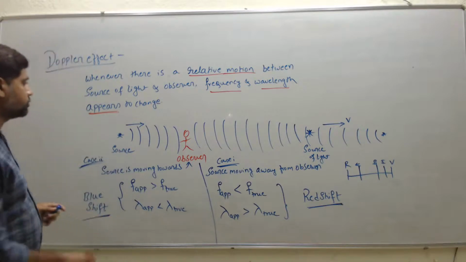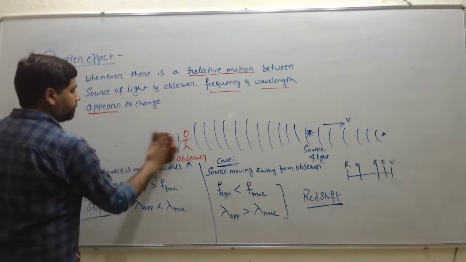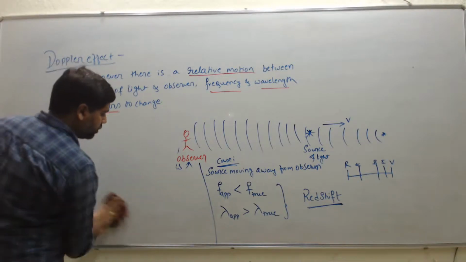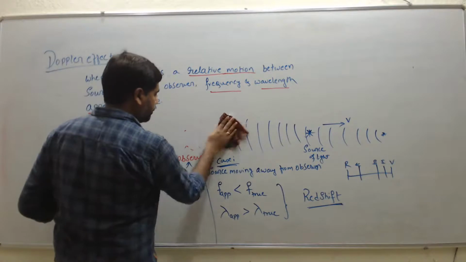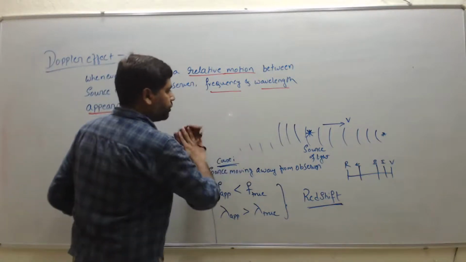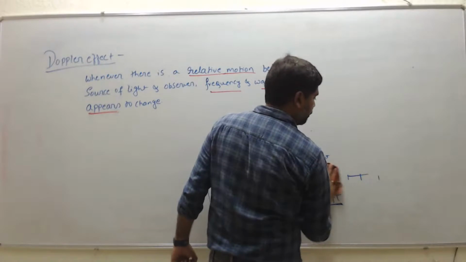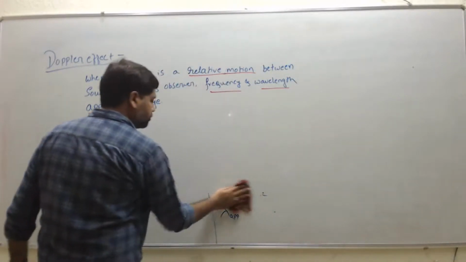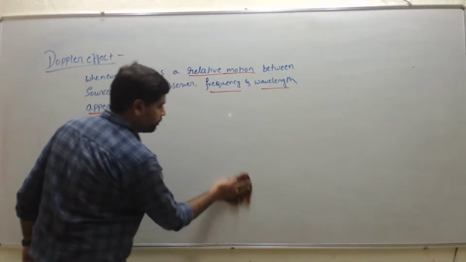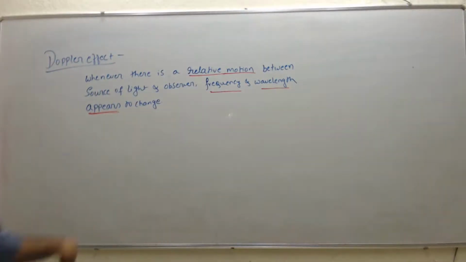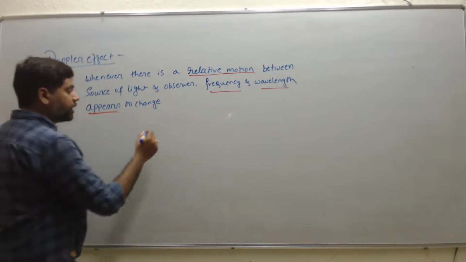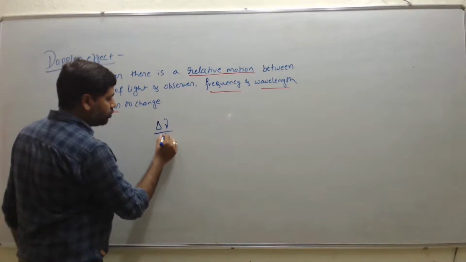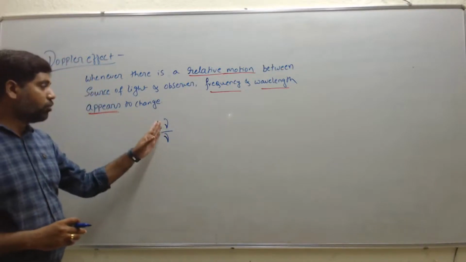Next, if we write the formula for the Doppler effect, the net fractional change in frequency, delta nu divided by nu, where frequency is denoted by nu or f.